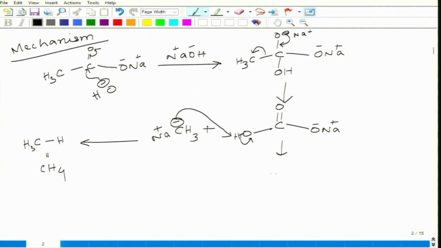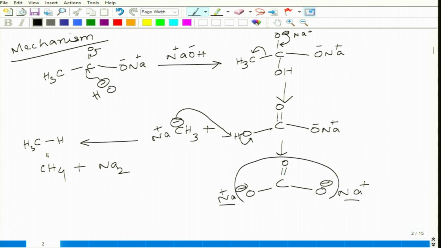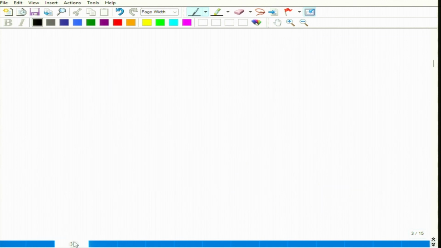This becomes like this, with one sodium plus and another sodium plus. So, we get methane plus Na2CO3, where CO3 is the carbonate ion. This is the mechanism of decarboxylation. So, let us see a few other examples.